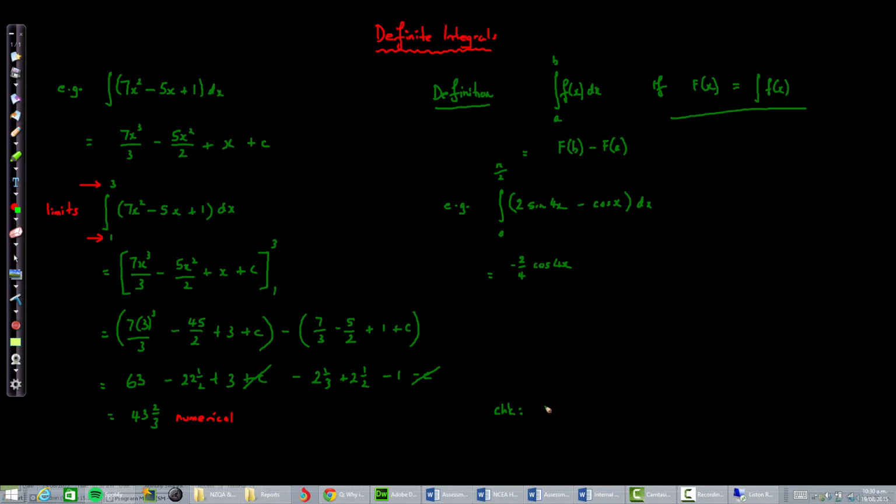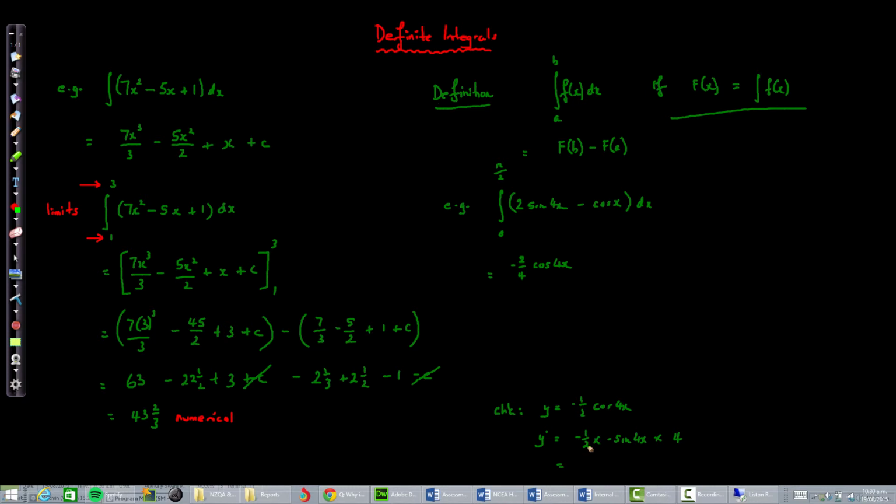If we take this function, negative a half cos 4x, and we derive it, the derivative of cosine is negative sine, so times negative sine 4x, times the derivative of what's inside, so times 4.